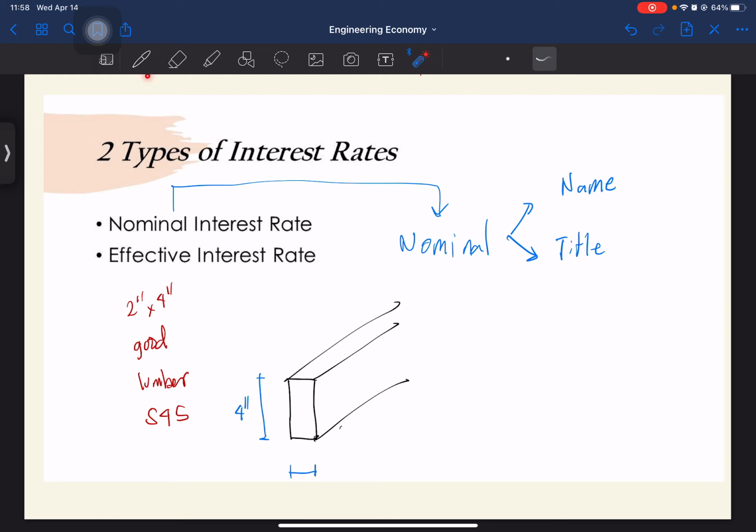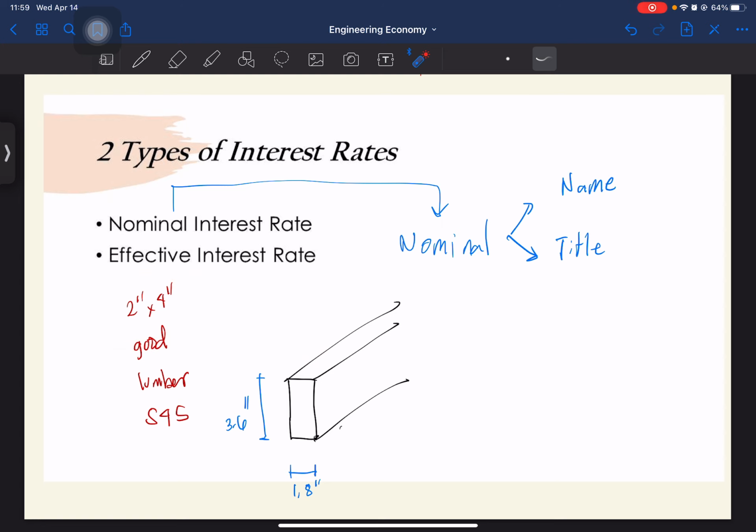So, let's say, 1.8 inches na lang siya. And let's say yung kanyang depth is, imbis sa 4 inches siya, let's say 3.6 inches na lang. Okay? So, ililink natin yung nominal dito at saka yung effective. When you say nominal, it is the name of an object, the name of something. Okay? So, 2 by 4, yun ang pangalan niya.